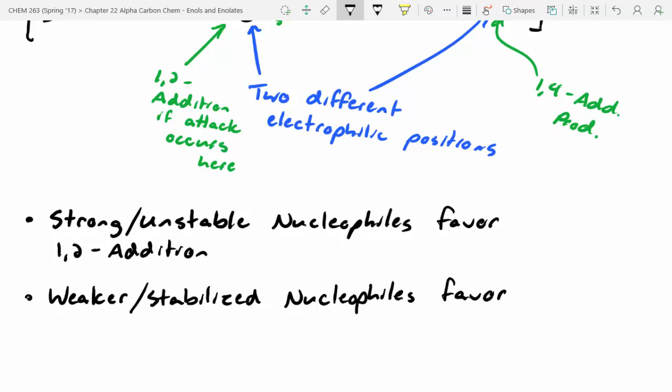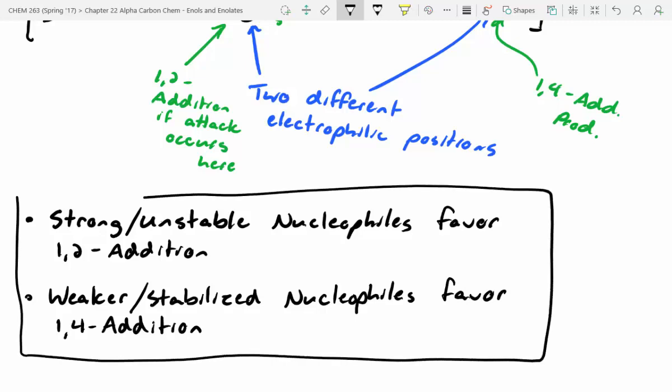Sterics play a small role, and we'll go through some examples, but typically a stabilized nucleophile is one that's resonance stabilized, not sterically bulked up. But these trends are key to understanding these reactivities. Typically, you'll see 1,4 addition called conjugate addition, too. So if you ever see it used in the book, conjugate addition is just shorthand for 1,4 addition.